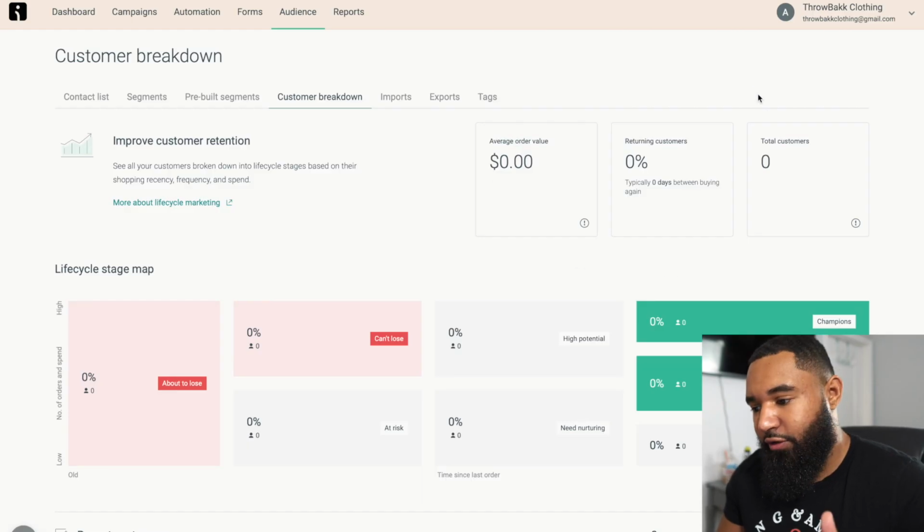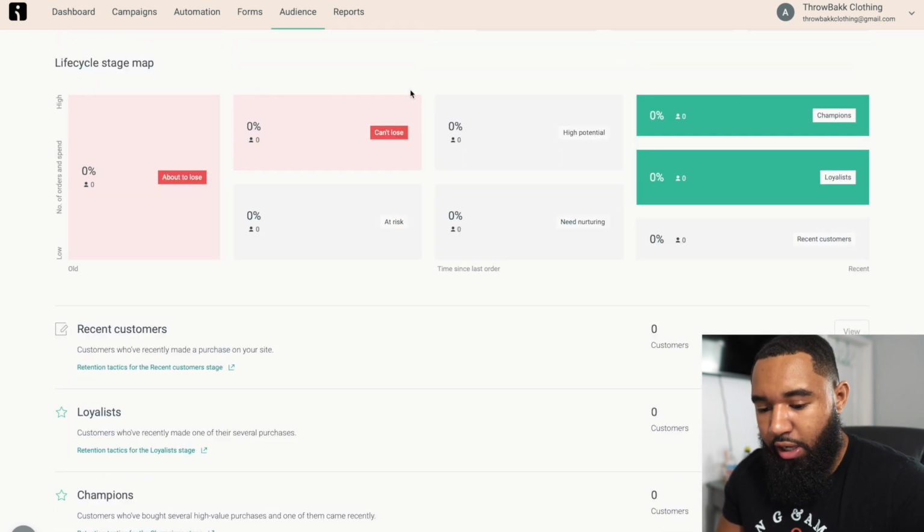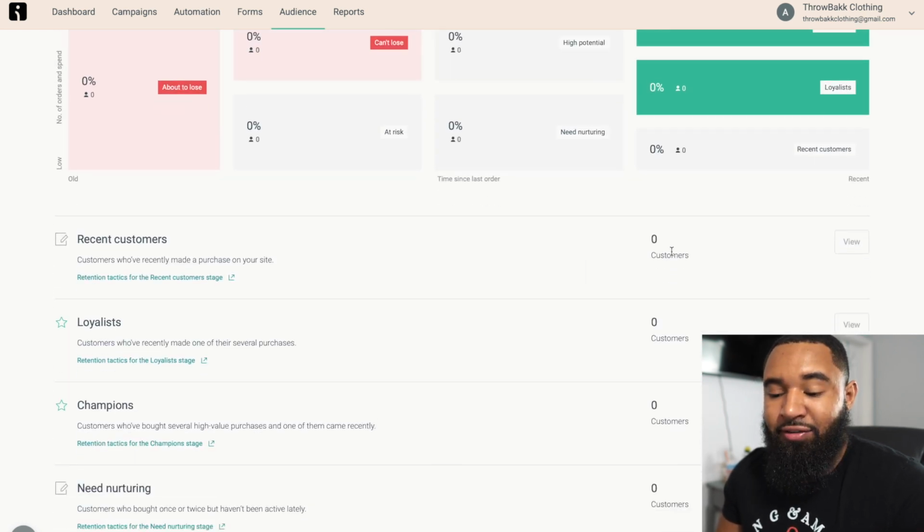Another thing that I really like about Omnisend is their audience and customer breakdown. As you can see here, they'll give you your average order value, what is your returning customer percentage, total customers. They'll give you like a life cycle map.